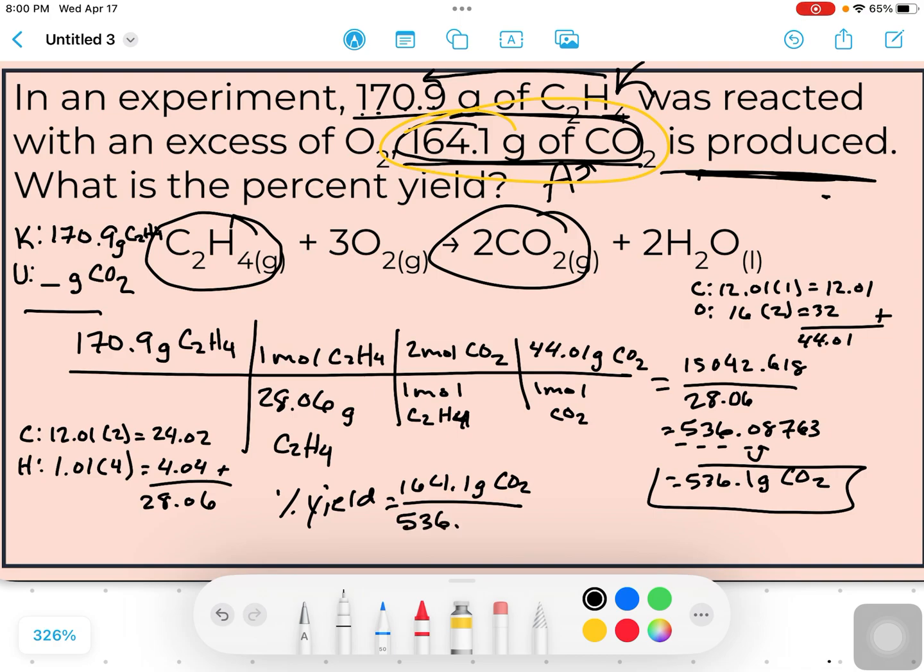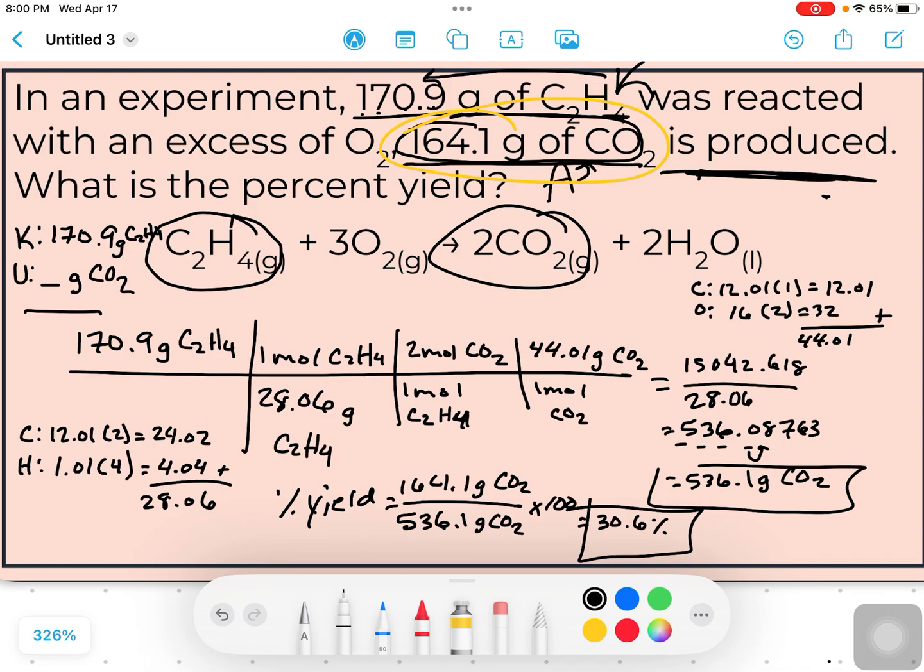So our 536.1 grams of carbon dioxide times 100. And when you do that, you should get an answer of 30.6%. So overall, not a great turnout, but it is about 30% effective.